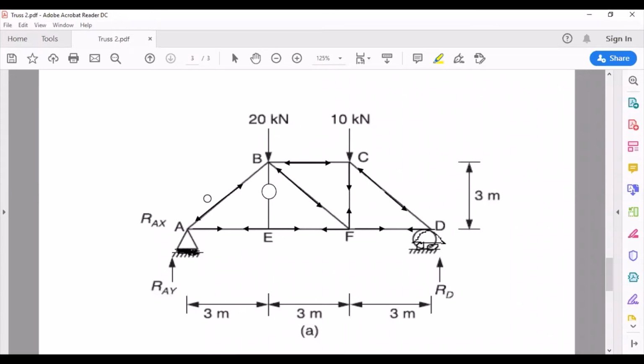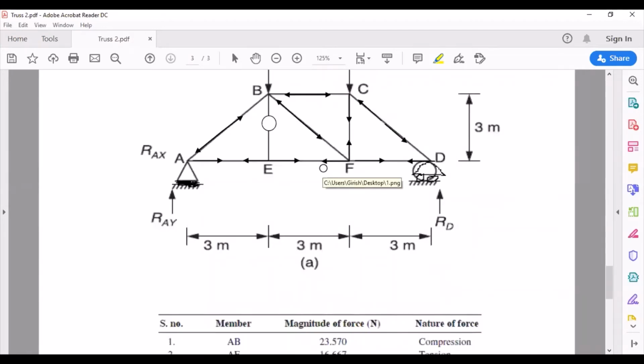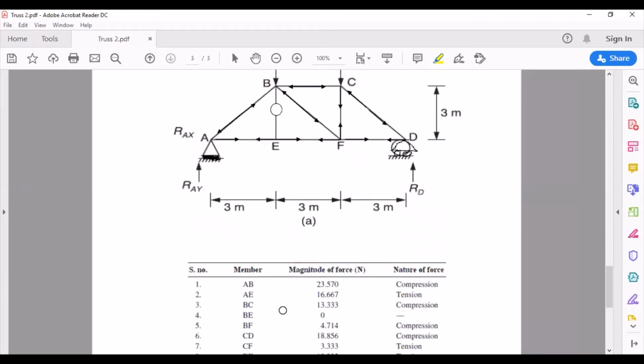For AB, if the arrow is towards A, the other side it will be towards B. Here it was away from A, so for E also it will be away. Like that, you consider each joint and draw the diagram here. After drawing this, you write a table.